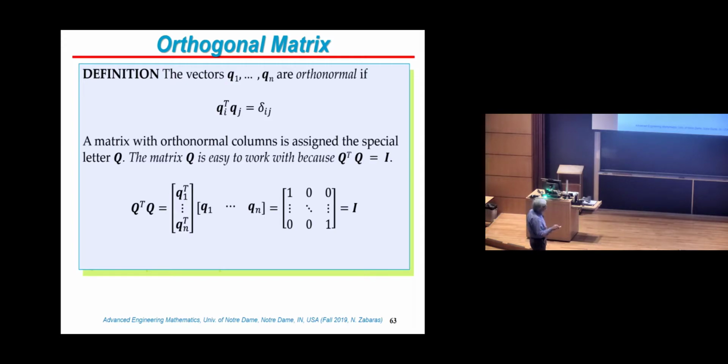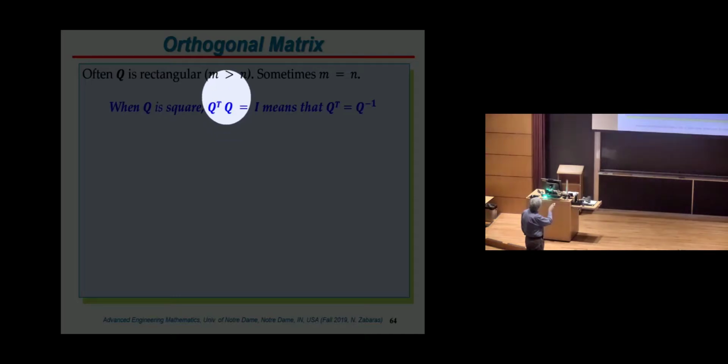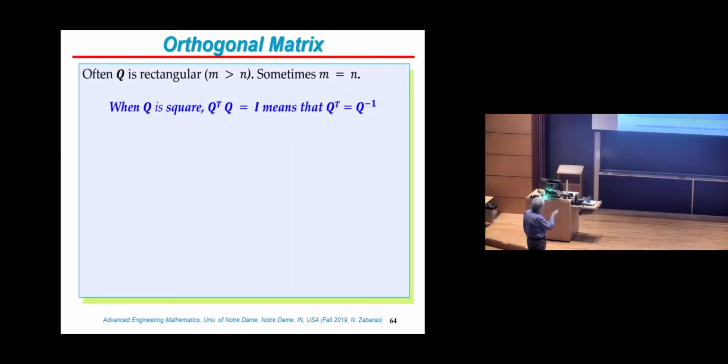But Q Q transpose equal to I is only true for what matrices? For square matrices, thank you. So when Q is square, you have both of these, and the inverse of Q is Q transpose.